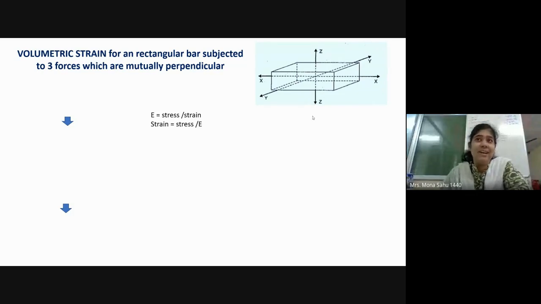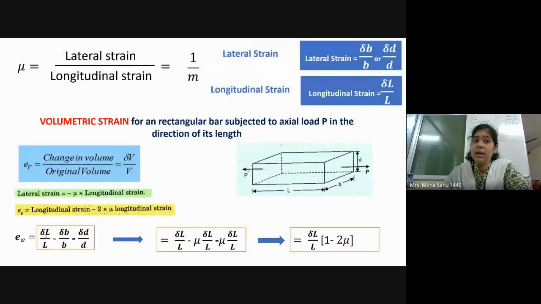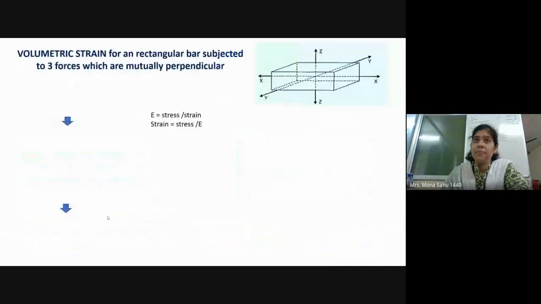How will you calculate the volumetric strain in this case? For the x direction, we already calculated: delta L by L minus delta B by B minus delta D by D. We know that volumetric strain is delta V by V.